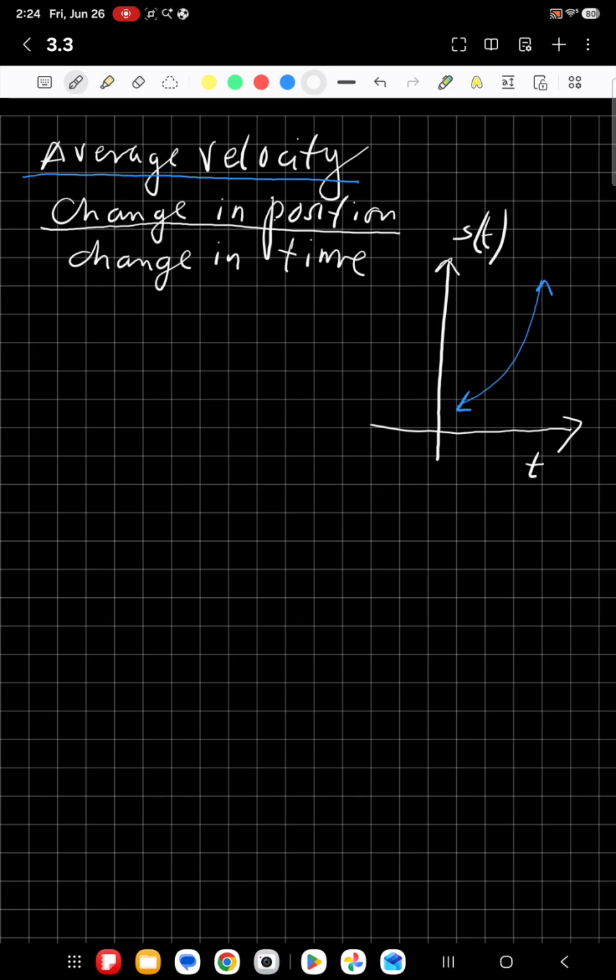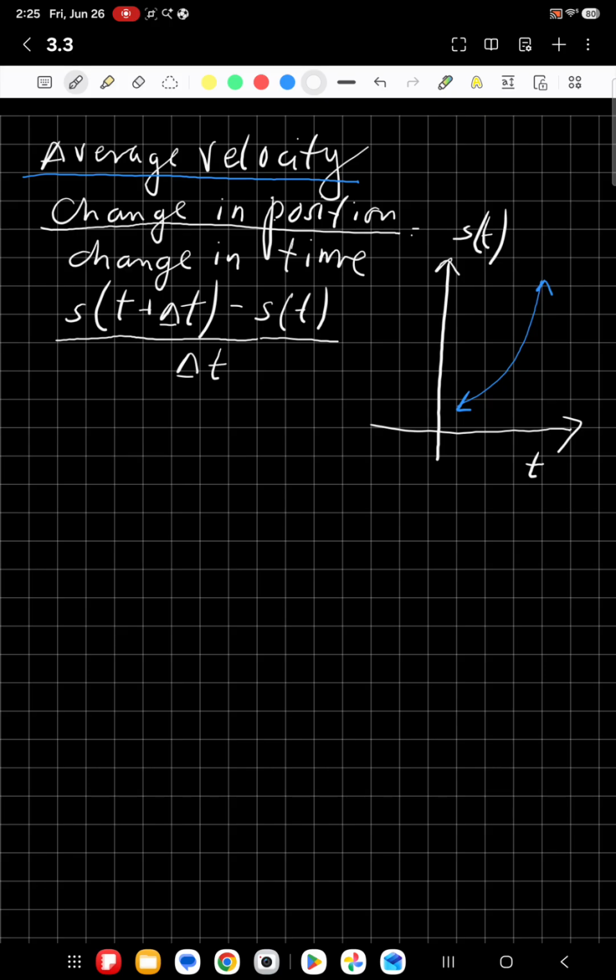Let me write that formula first. I would take s of t plus delta t minus s of t, and then over delta t.